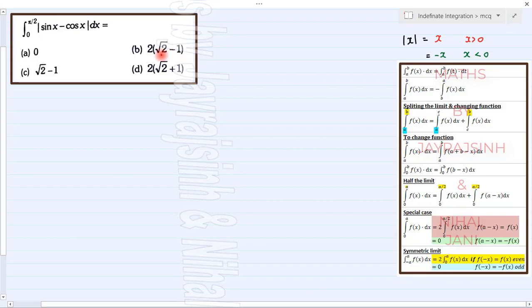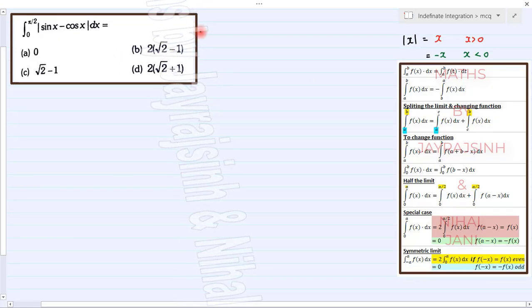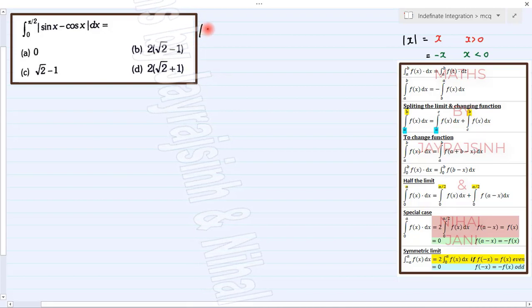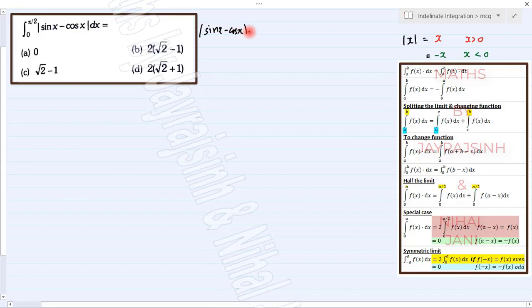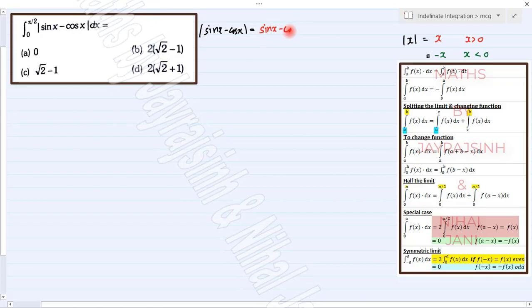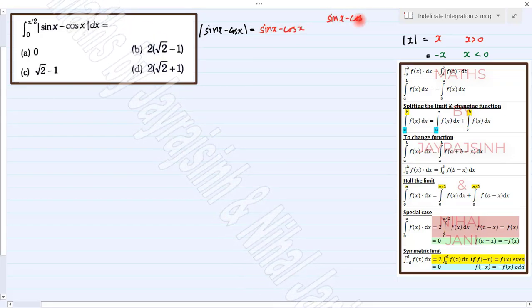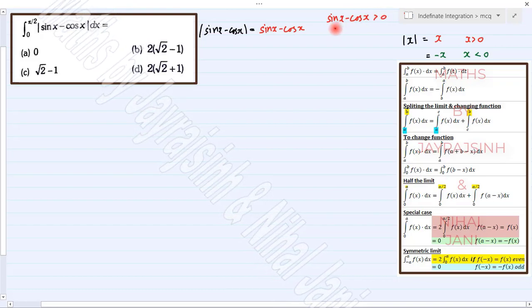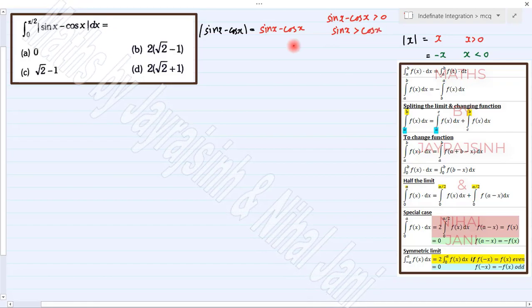Here we have to integrate mod sin x minus cos x from 0 to π/2. Now, within the mod, we have sin x minus cos x. It will be sin x minus cos x when sin x minus cos x is greater than 0, or we can say when sin x is greater than cos x.